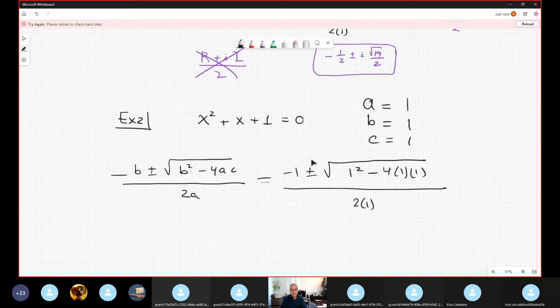Okay, now I use a different color to indicate the operation inside the radical. It is the first thing you should do according to the order of operations. 1 squared is 1, minus 4 is negative 3. And the square root of negative 3 is i radical 3. So far we have minus 1 plus or minus i radical 3 divided by 2, which I split like that.